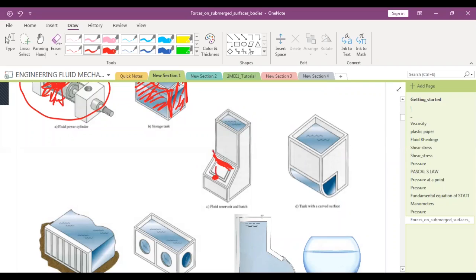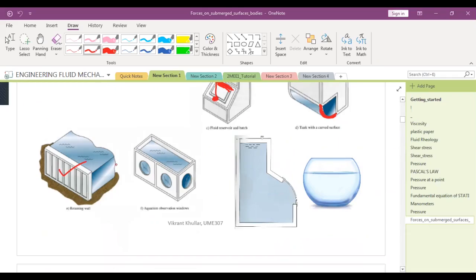So it will tend to open this up and you want it to be closed. Likewise, this is for curved surface. So what should be the strength of this? Likewise, you have other systems as well, where you want to find out forces on surfaces.